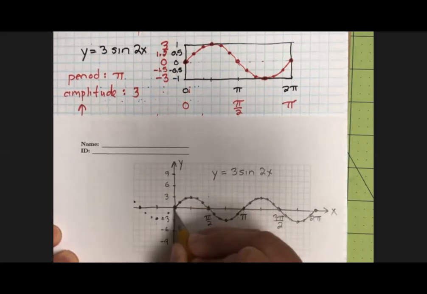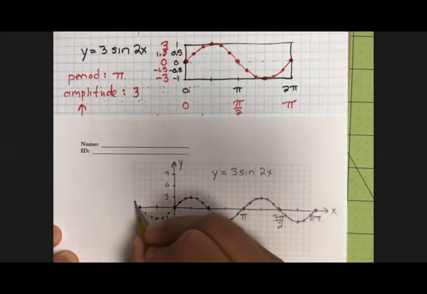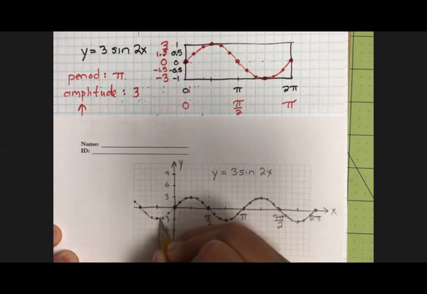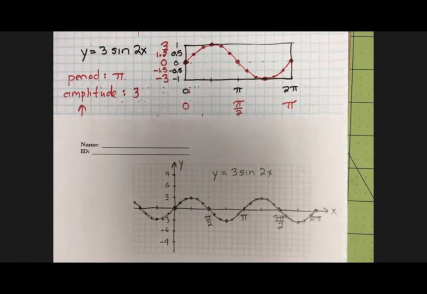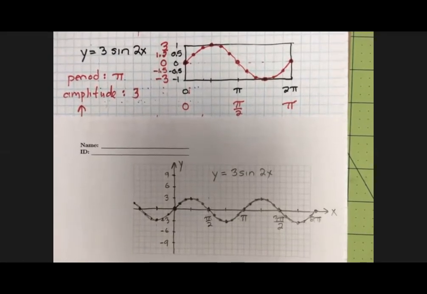So see how easy it is to repeat that pattern. But if we want to check this against the calculator, I bet you we can make this look exactly alike.